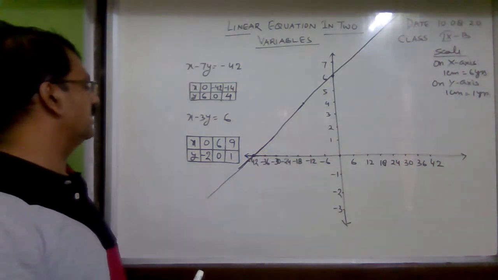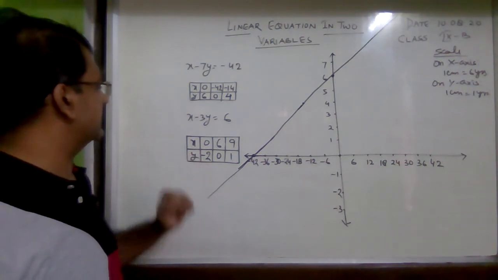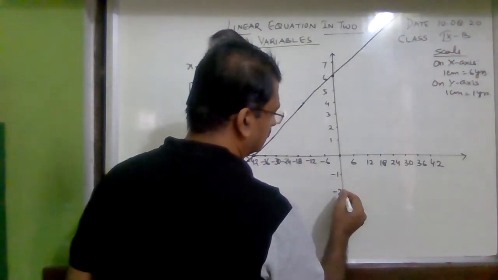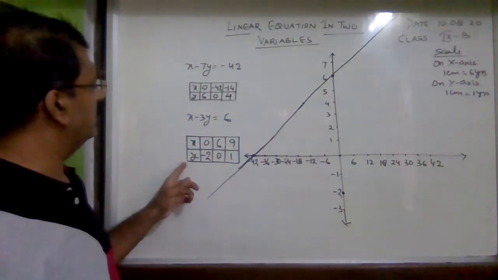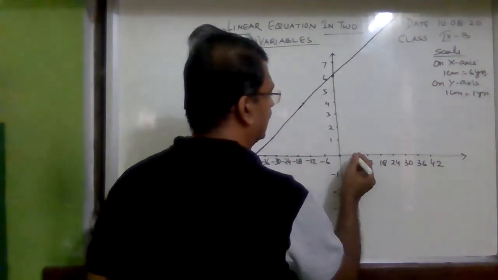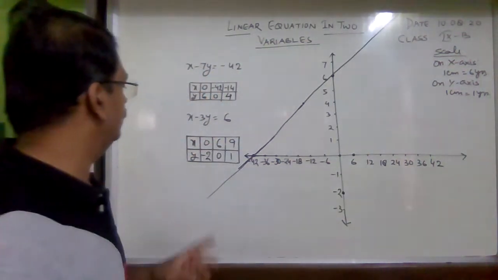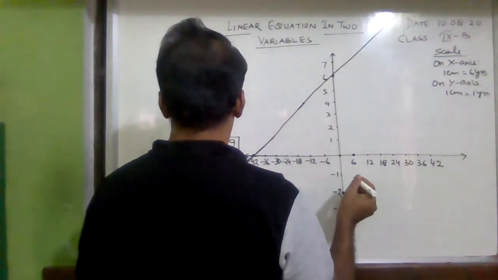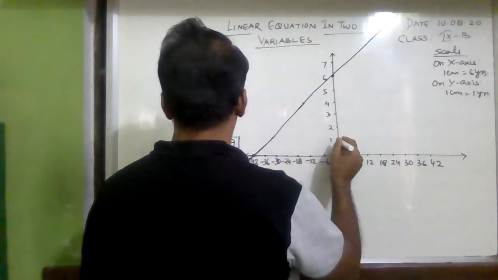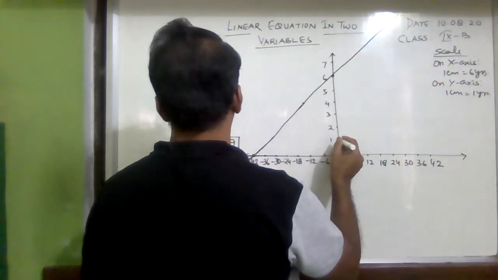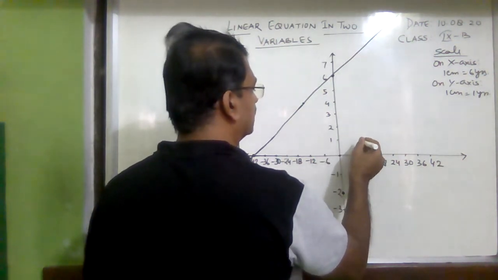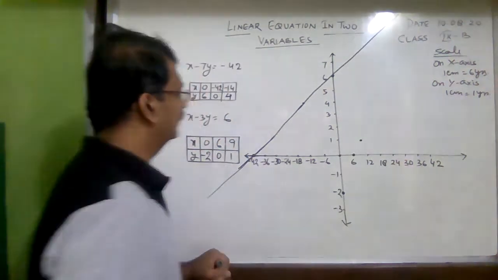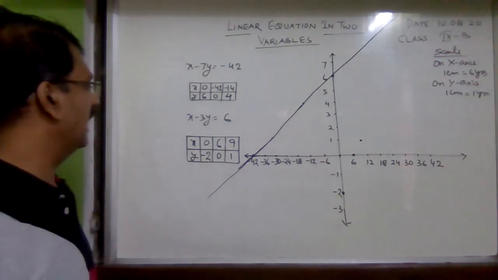Okay. Now the second one. Second one, when x is 0, y is minus 2 here. Then when y is 0, x is 6 means here. And when y is 1, x is 9. 9 will be here. When x is 9, y is 1.